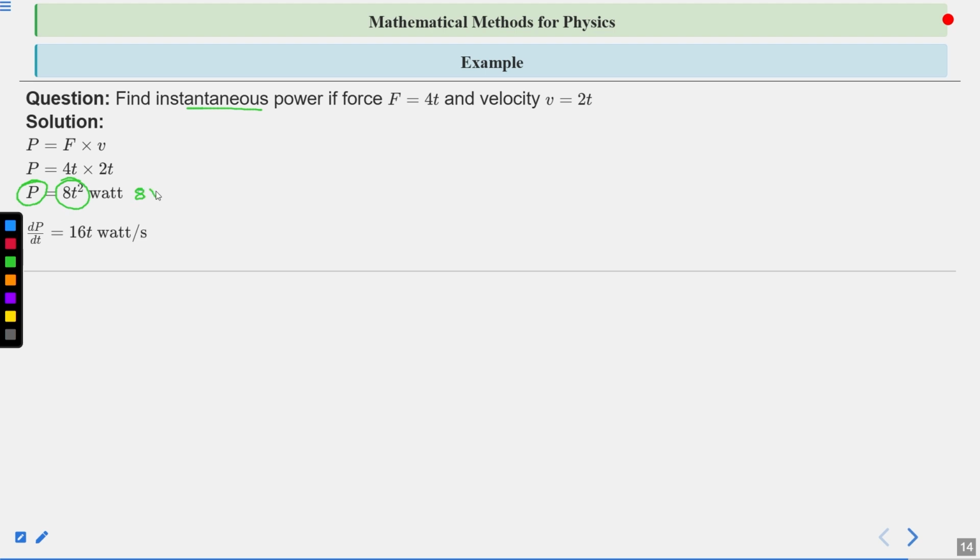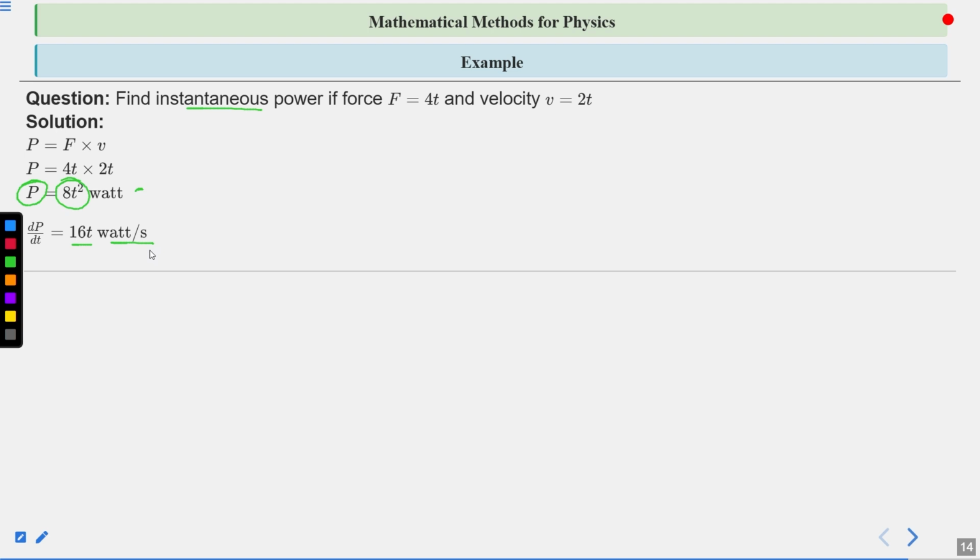So 8 into 2 and t to the power 2 minus 1. So it will be t. So 8 into 2 is 16 and t is as it is. So it will be 16t watt per second. Here watt is the unit of power and second is the unit of time. So our final answer is 16t watt per second.